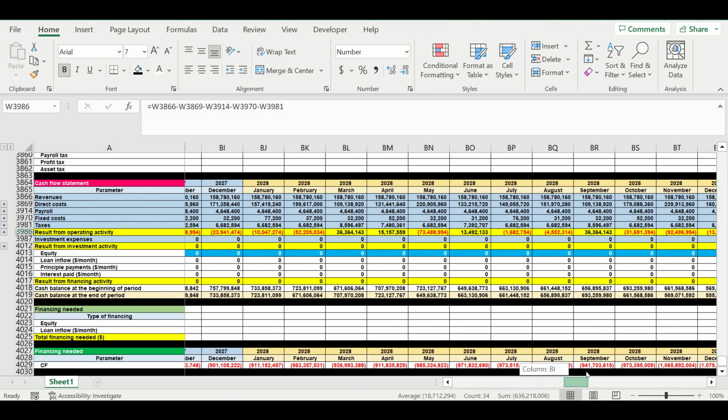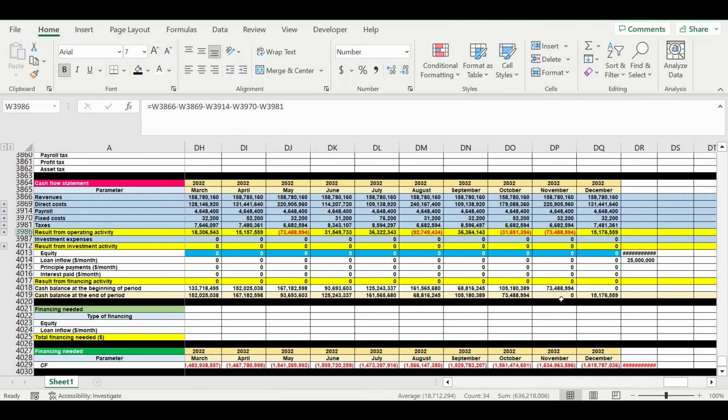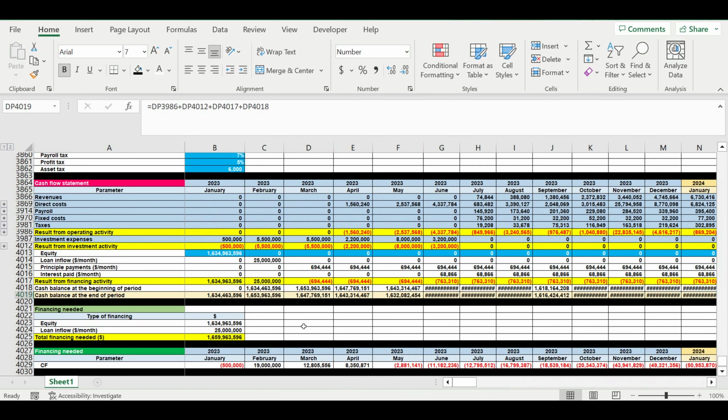So if we go here, we will see the mathematical zero here. This means that we need financing during the whole timeline of our project.